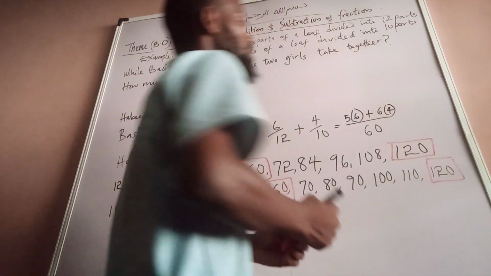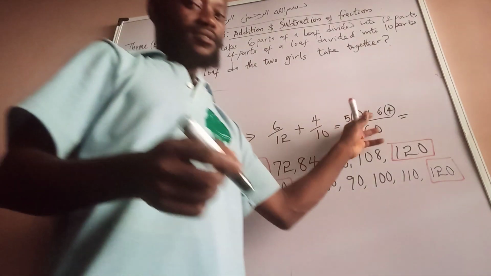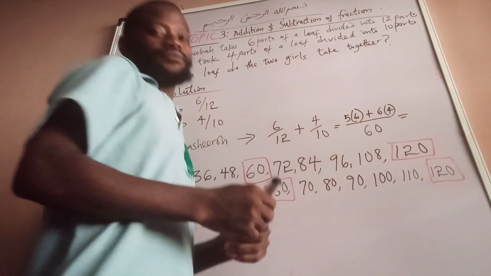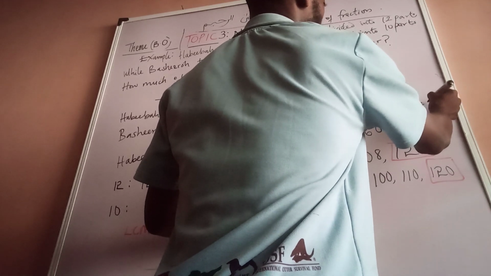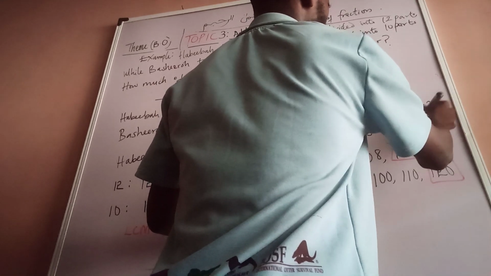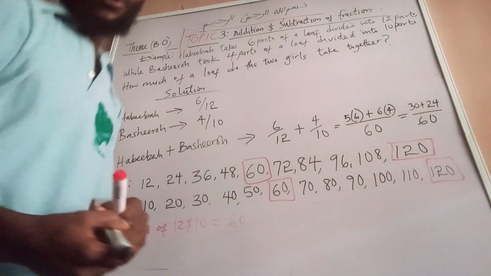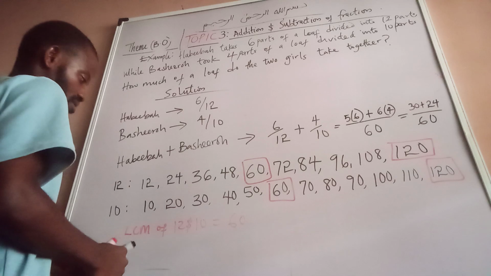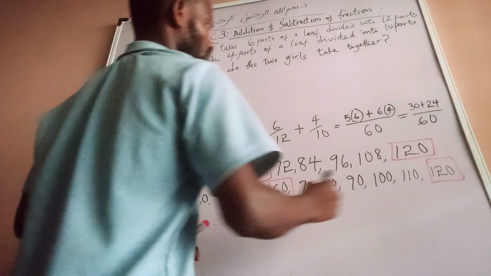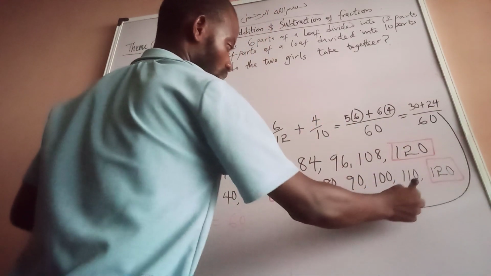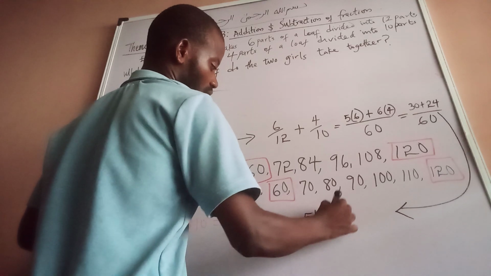Now this is equal to 5 times 6, 30, plus 6 times 4, 24, over 60. So our final answer will be 54 over 60.